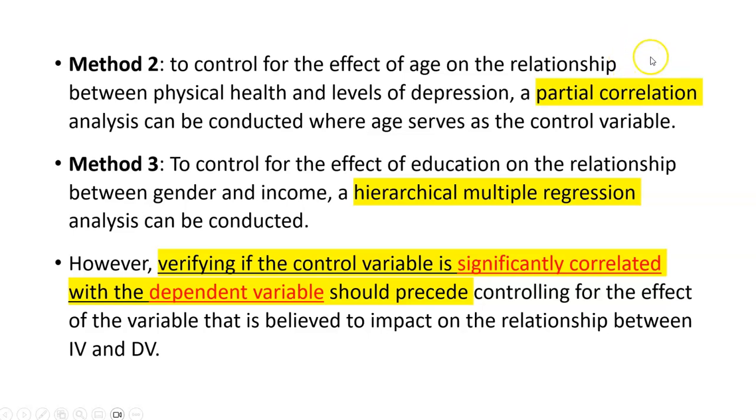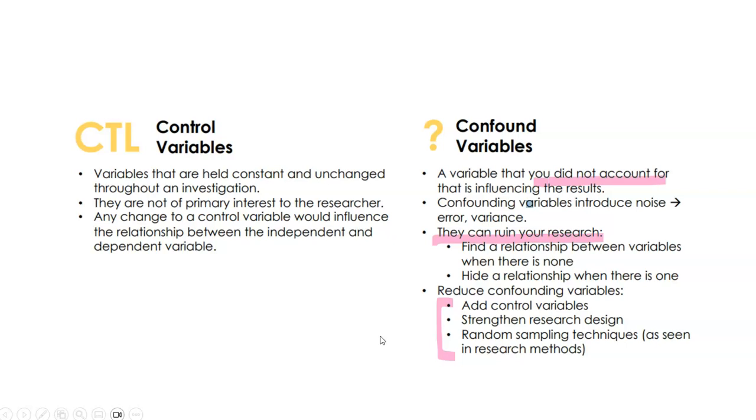A control variable means that it forcibly has an effect on the dependent variable, and you want to eliminate that effect just to know about another variable. So you have to first check if the control variable is related to the dependent variable.